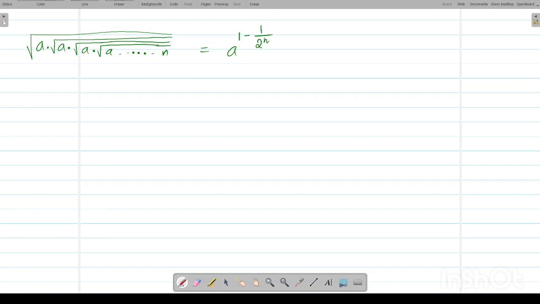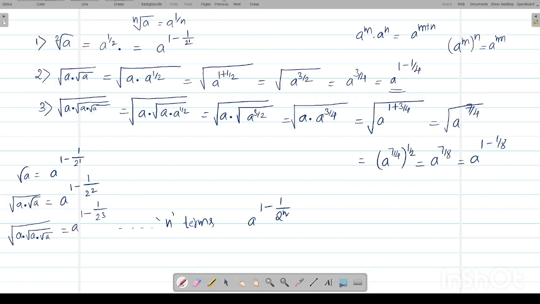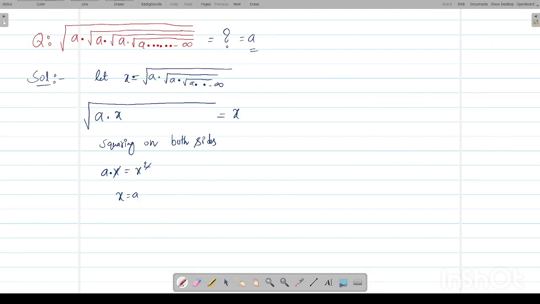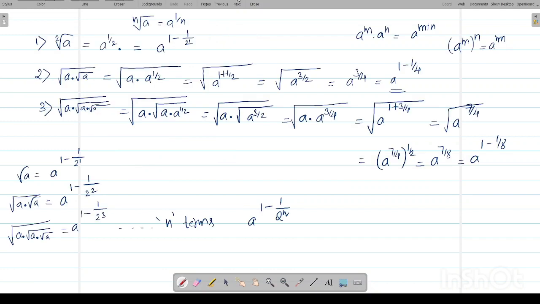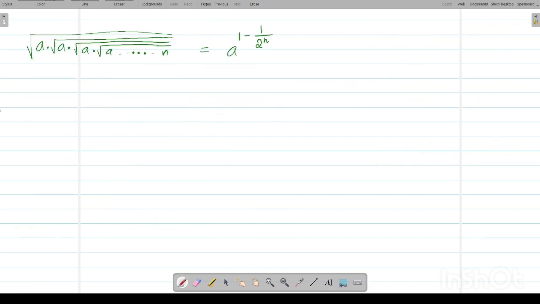Okay, now let me come to the previous problem, which we started with in this video. How many terms like this do I have in this question? Infinite terms. Now in place of n, I can substitute infinite.